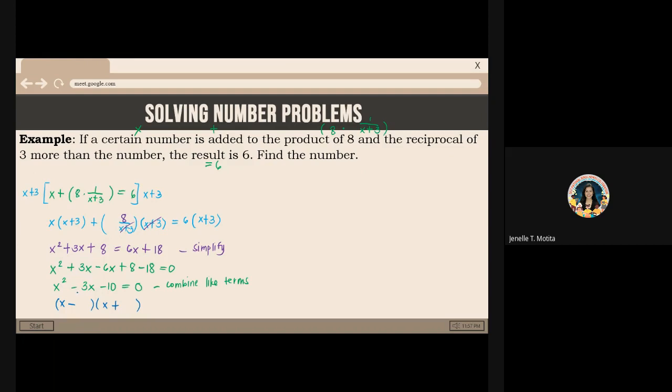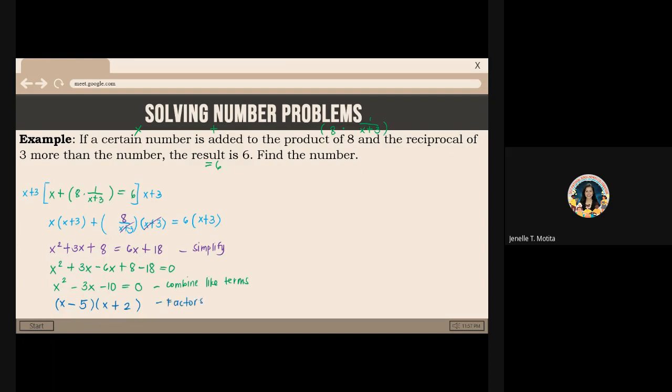Okay, so we could have 5 and 2, right? And so, to identify kung ano yung sign nung 5 and ano yung sign ni 2, of course, you base it here. Since your middle term is negative, therefore the higher number is negative, which is 5. Tapos yung remaining number, that's 2, positive yan. Okay? So we have x minus 5 and x plus 2. So, here are your factors.